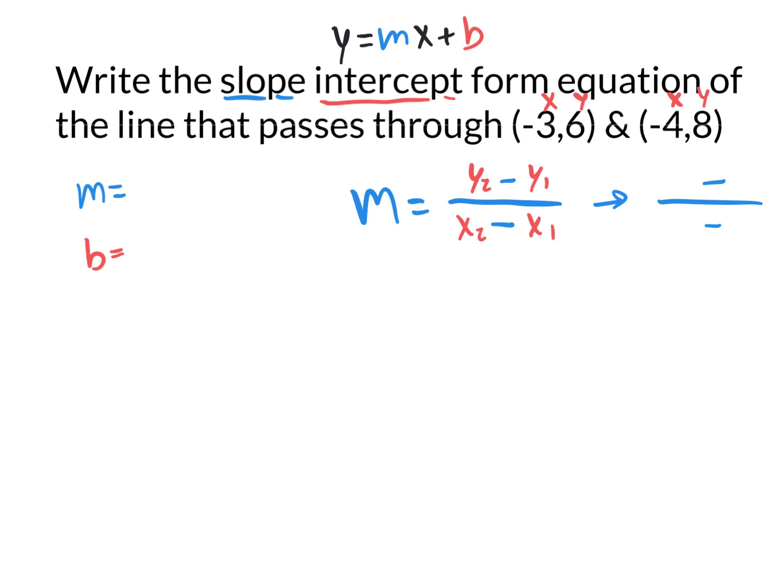And of course, x from our first point is -3, y from our first point is 6, x from our second point is -4, and y from our second point is 8. So when we plug in our values, y2 is 8, y1 is 6, x2 is -4, x1 is -3.